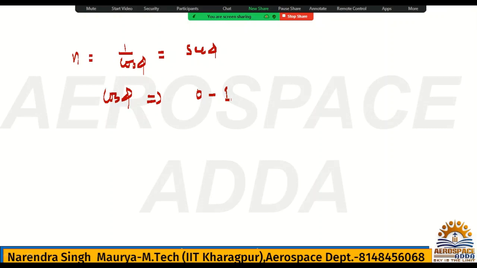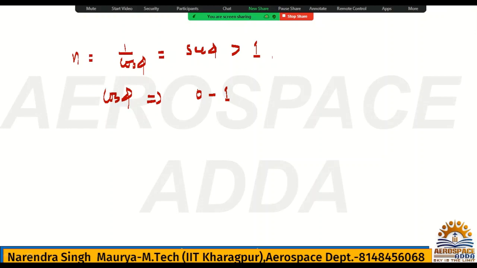So sec phi is just the reverse of it. Whatever value you get for sec phi, it will be greater than 1. Because cos 0 is exactly 1, but phi equal to 0 is not possible, because it is going to bank. So if you take cos 20, 30, 40, it will have some value less than 1. 1 divided by less than 1 will be greater than 1. So the sec phi value is greater than 1.